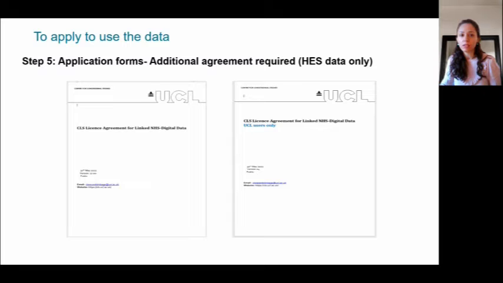So you look out for this one. And if you don't see this in your pack, but it should be there, it should be included, you can ask the UKDS for this. So this form needs to be completed, and there are some NHS digital requirements that we would like to highlight here, which we would like you to pay additional attention to.